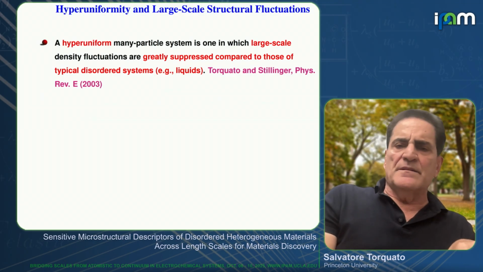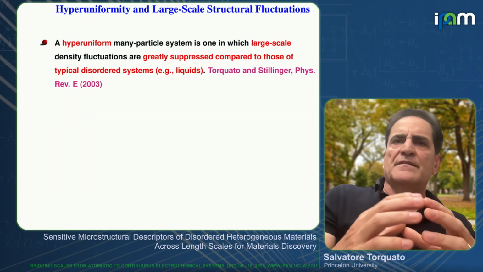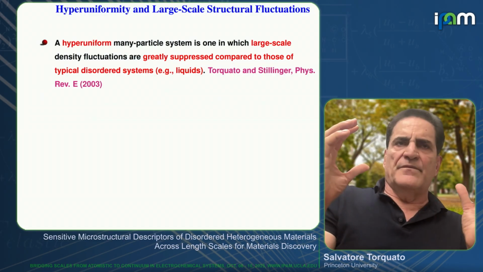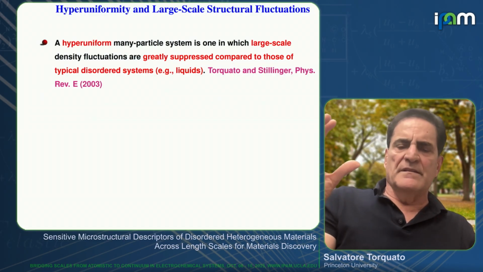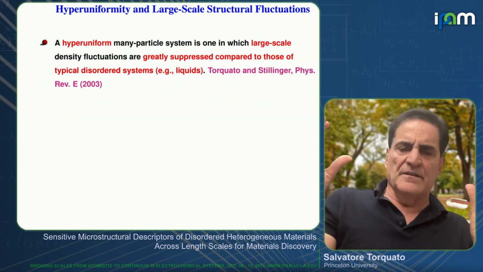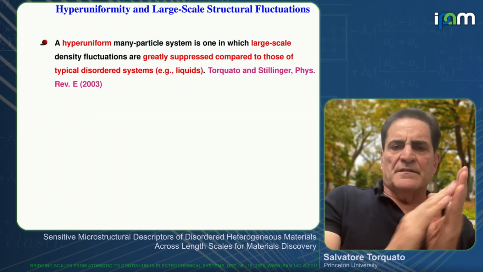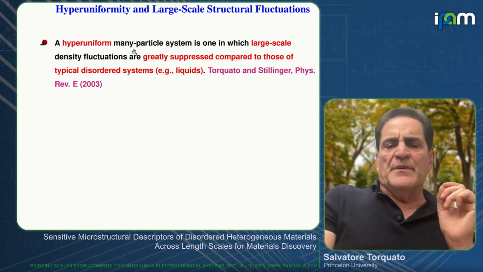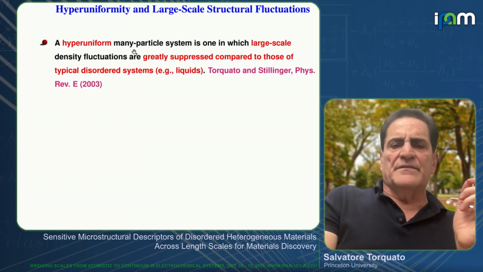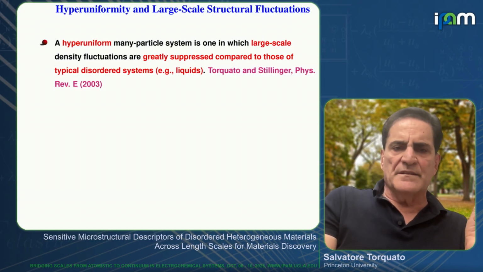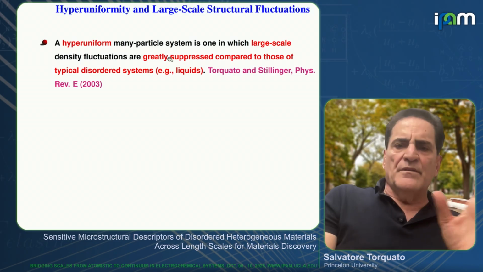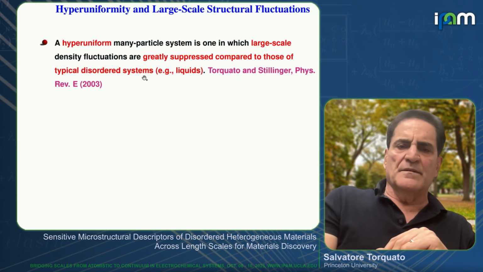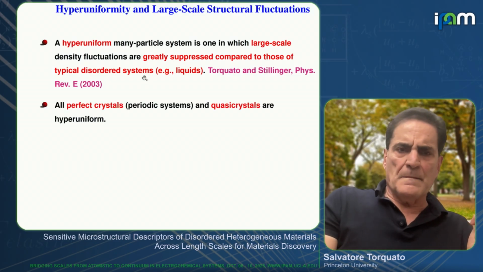Imagine you have a many particle system, and now you want to consider fluctuations within a window in that infinitely large many particle system. And a hyperuniform system is going to have density fluctuations that are greatly suppressed compared to those of typical disordered systems like liquids.